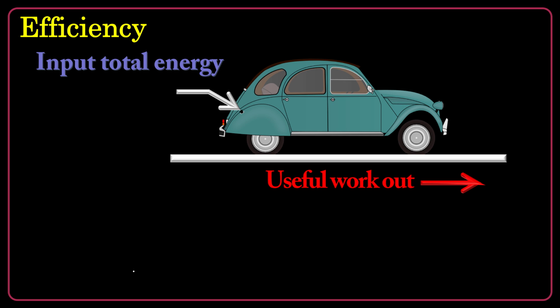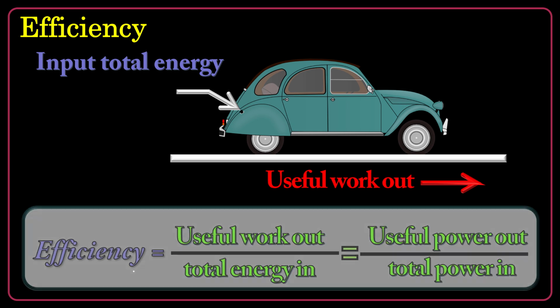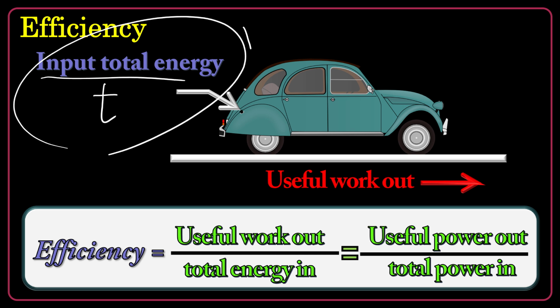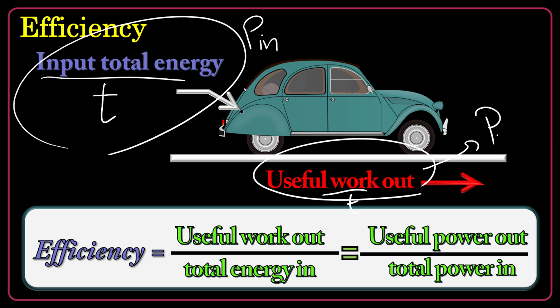Basically, the efficiency is the ratio of the useful work out divided by total energy in, or the useful power out divided by the total power in. You know that if you divide the energy by time, you will get the power. So it's going to be the power in, and useful work out divided by time is going to be the power out. So it's the same. You can use either of these two fractions.